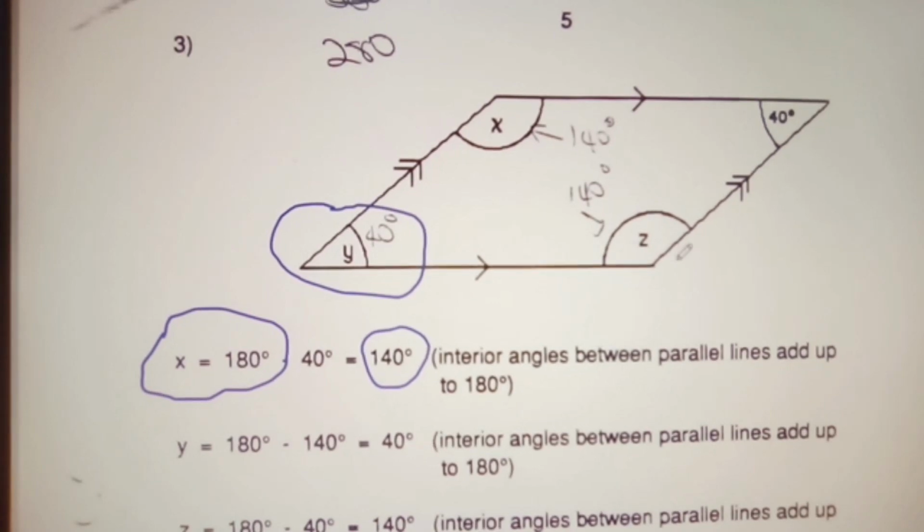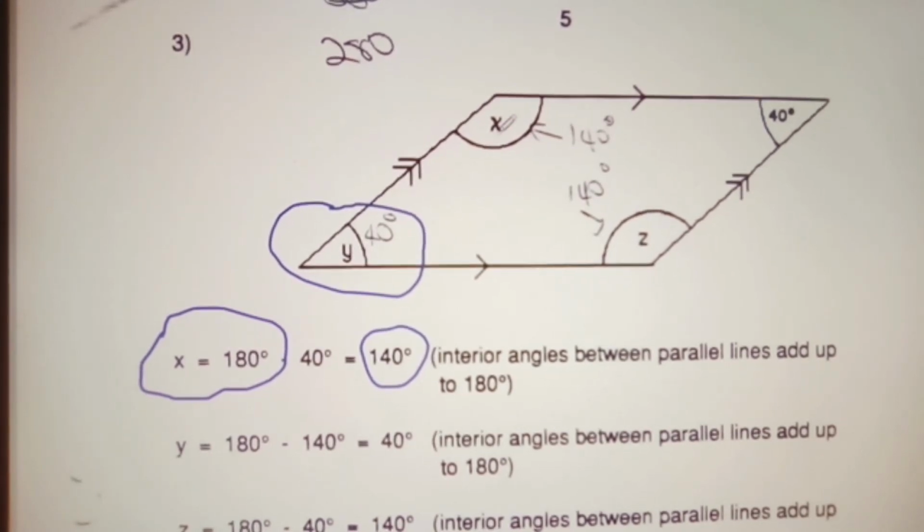That would apply to here, as well as this would apply to x, as y would apply to x. We know x is 140, therefore, taking y into account, which would need to be 180, 180 minus 140 equals 40. So y is 40 degrees.